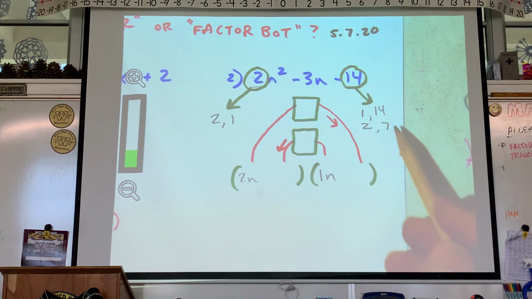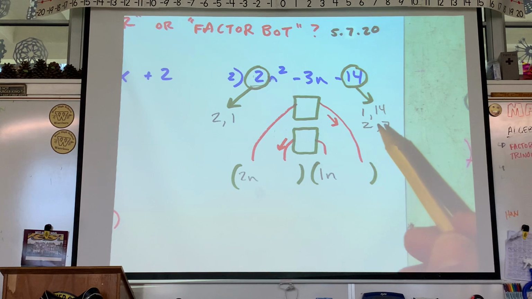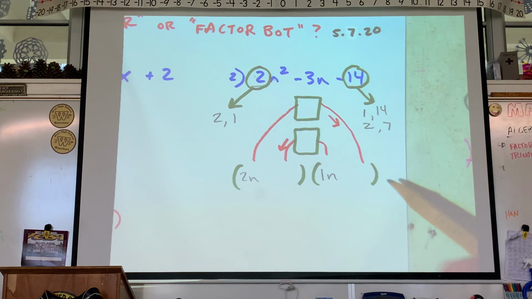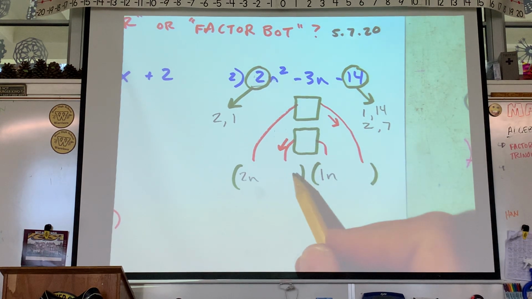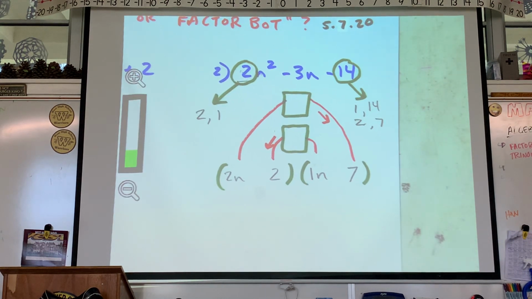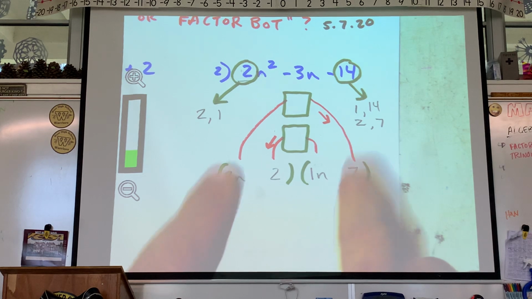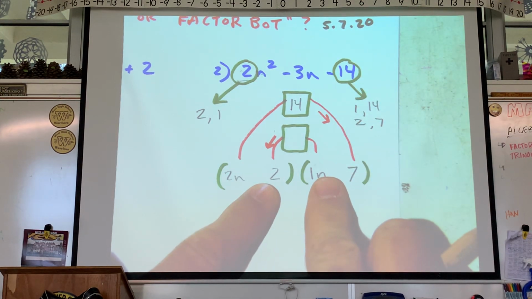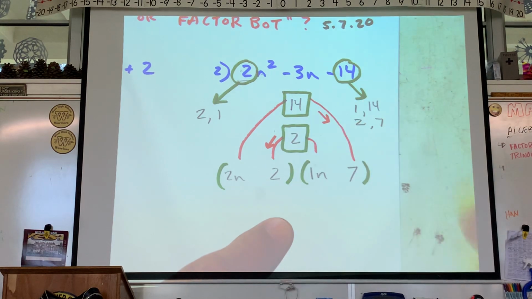I'm going to take my advice from before and skip the 1 and the 14 and get right to 2 and 7. So I'm going to put my 2 here and my 7 here. I'm going to use my rainbows to multiply. 7 times 2 is 14. 1 times 2 is 2.